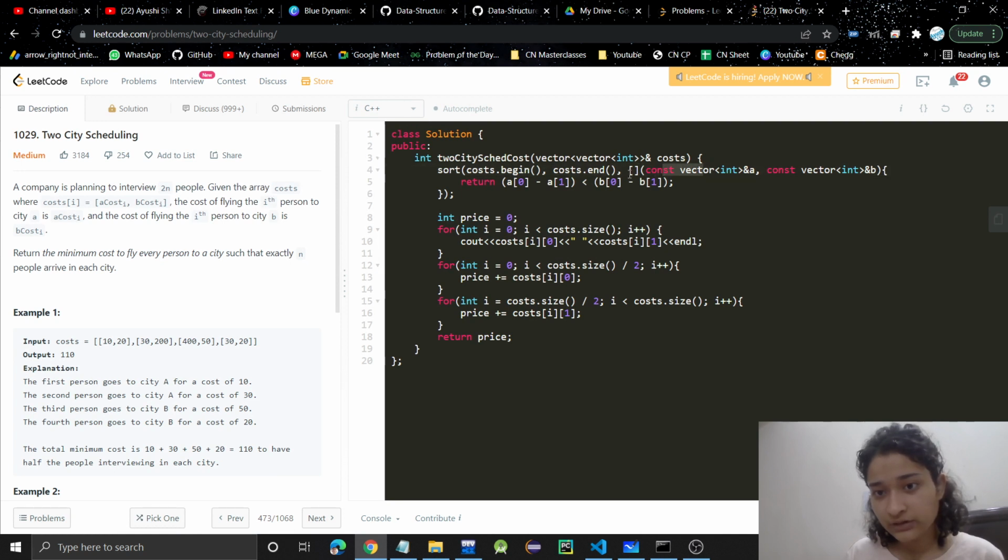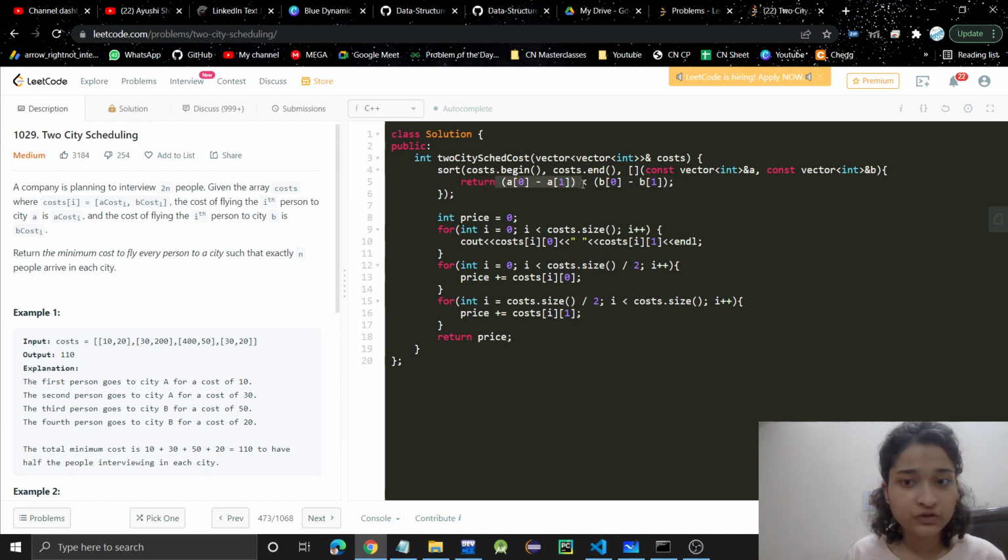This is a lambda function. Here we have this vector and this vector, and we will sort it on the basis of A minus B, that is A0 minus A1.